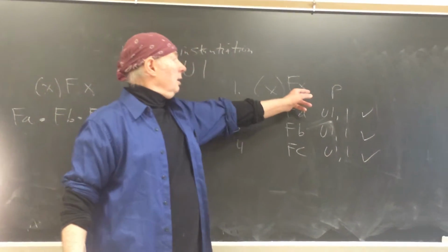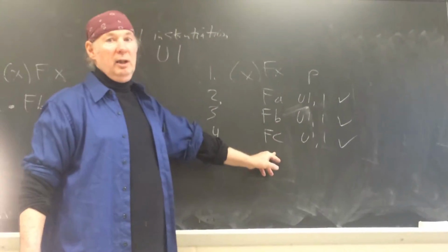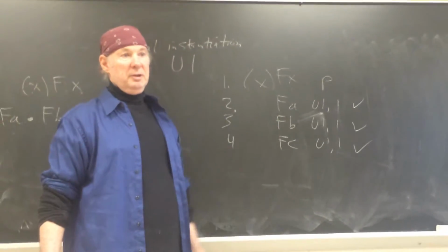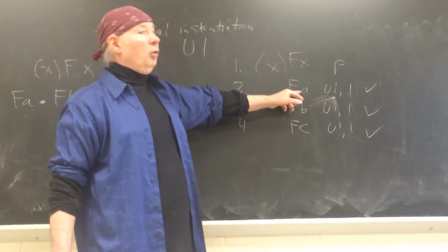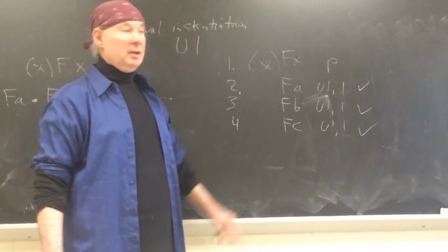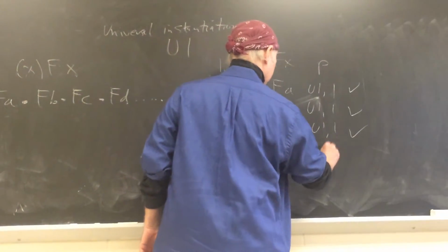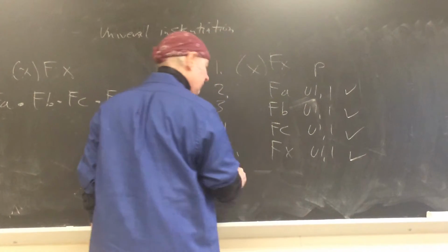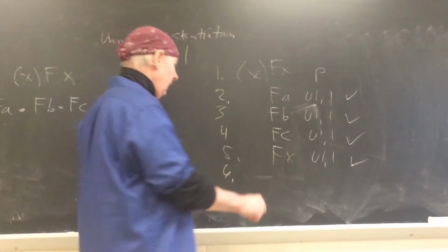I can get rid of my quantifier and change the X to any name in that universe. But I can do even more. If I don't want to use names, I can keep that as an X. And if I want to change the variable, I can.